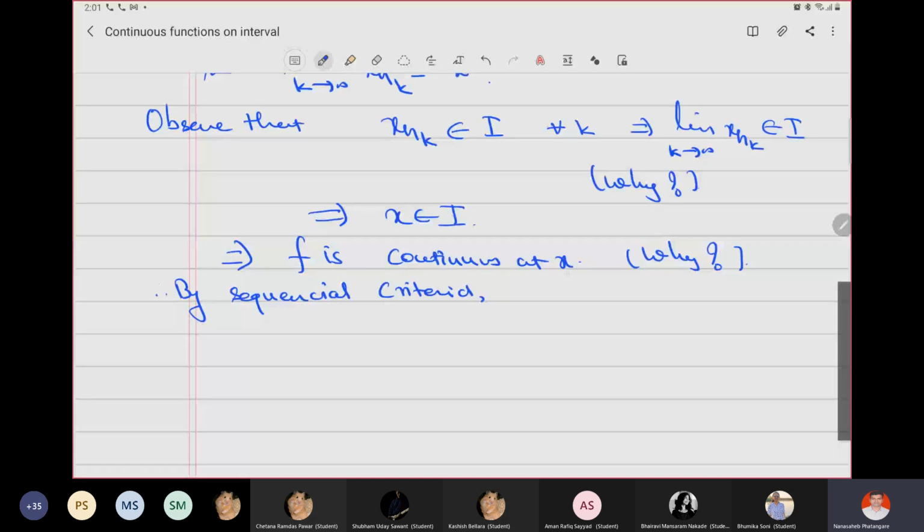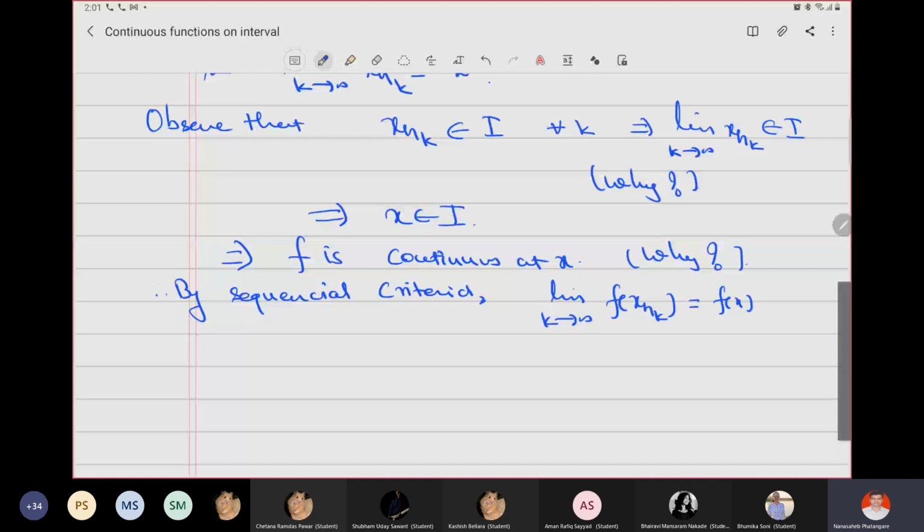What is the limit as k tends to infinity of f of xn k? So xn k converges to x. Therefore, what can you say about f of xn k? Where should it converge? Yes, f of x, right?